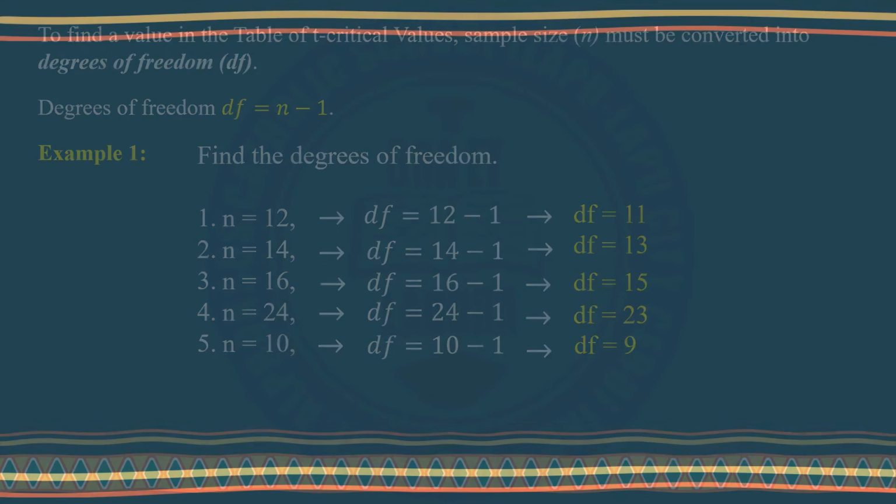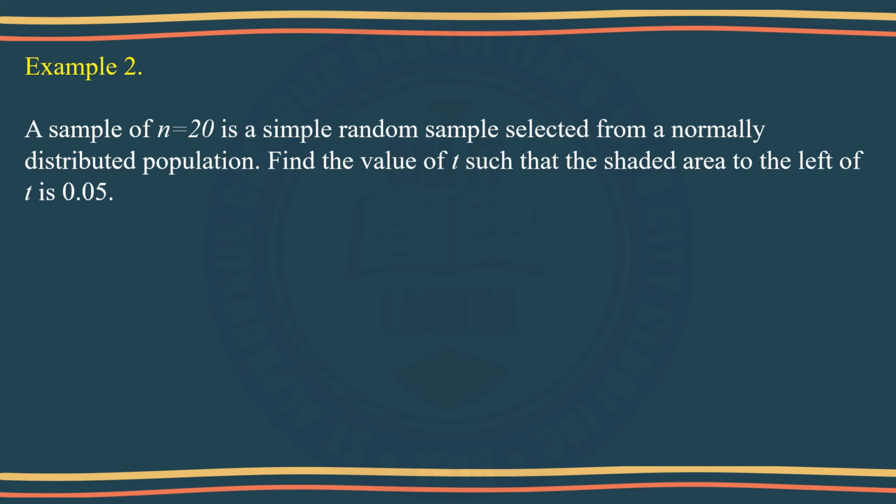For example number 2, a sample of n is equal to 20 is a simple random sample selected from a normally distributed population. Find the value of t such that the shaded area to the left of t is 0.05.